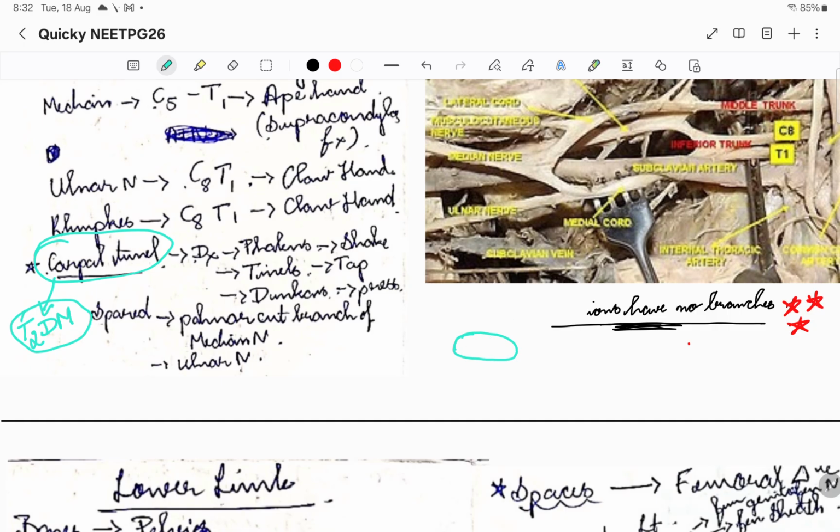Let us think that this is a section of the hand. These are the metacarpal bones, and here there is a space between the flexor retinaculum. That space is known as the carpal tunnel. These are the carpal bones, and between them there is a space called the carpal tunnel.